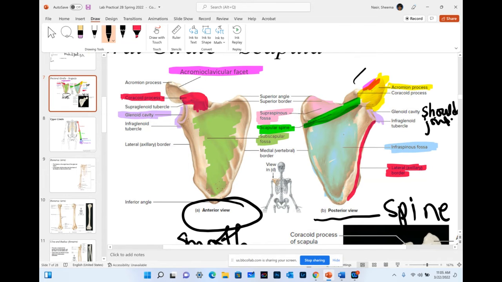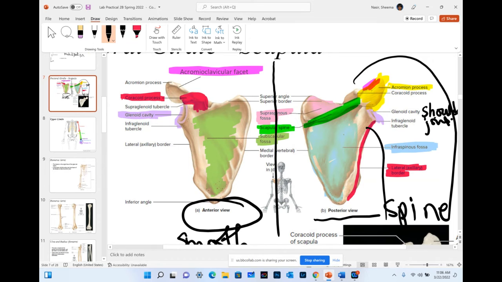Do you understand? So remember your arm is on this side. Hence it is lateral because your spine is on this side. If this is the spine, so this is going to be medial. If that is the hand, then this is going to be lateral. Do you understand?